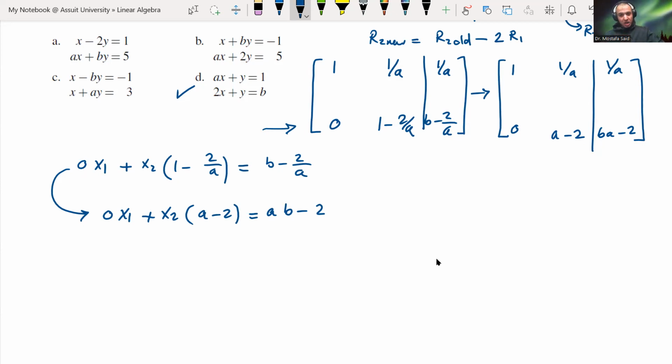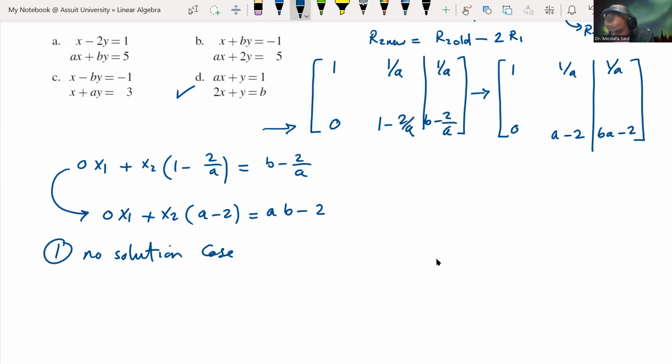Now let's look at this equation, because from it we can determine, based on assumptions on a or b, whether this system has many solutions, or one unique solution, or no solutions at all. Let's start with the easiest one, no solution. For no solution, there should be some inconsistency in the system.